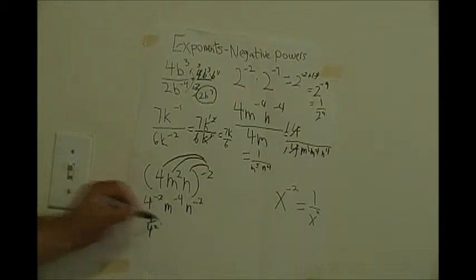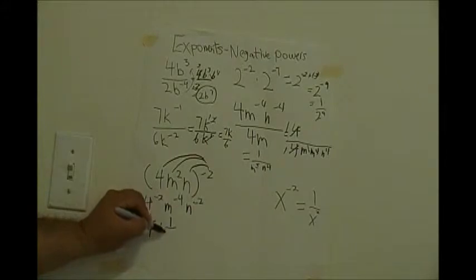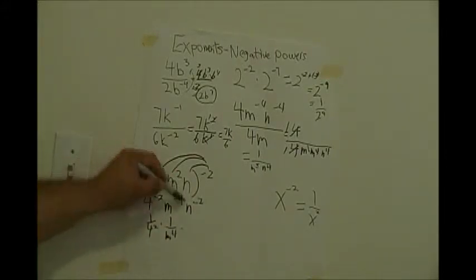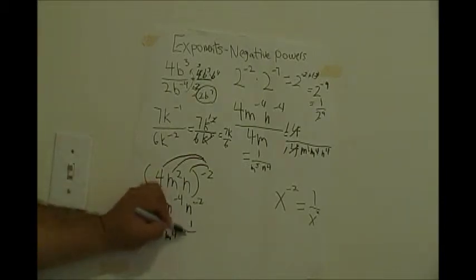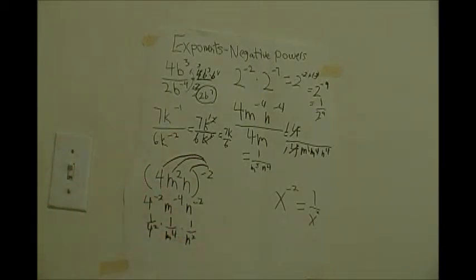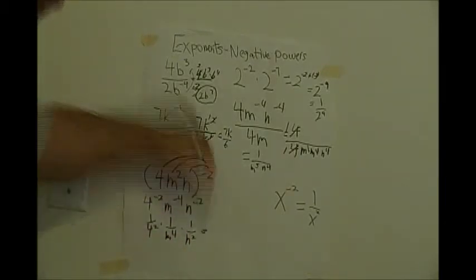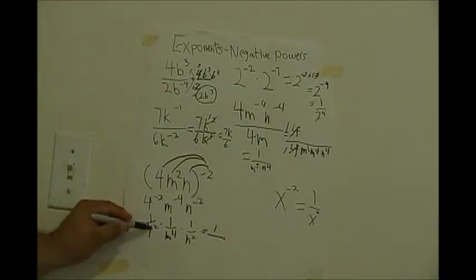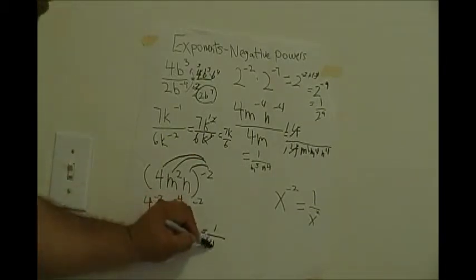And then times m to the -4 is just 1 over m to the 4th power, times n to the negative 2 power, which is just 1 over n squared, right? And then we can just multiply everything out respectively. So you have 1 over 4 squared. What's 4 times 4? 4 times 4 is 16, times m to the 4th times n squared.